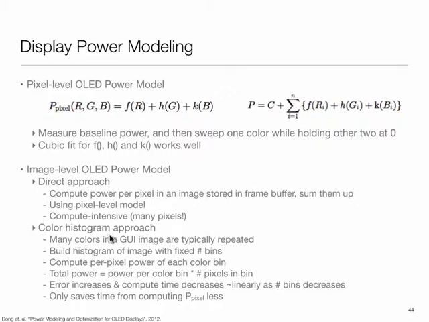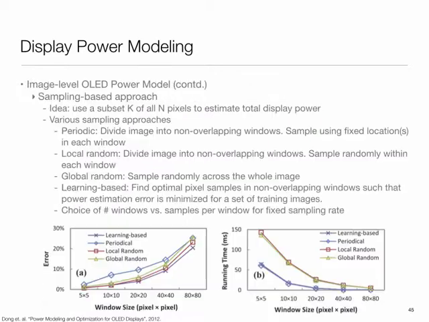So for example, you can do a histogram. You can develop a color histogram of the images and then compute the total power by essentially looking at how many pixels are in each bin. So that's one approach. Another way of reducing this is by sampling. So instead of adding power over every pixel in the image, you do a random sampling. You select some fraction of the pixels distributed randomly over the image, look at their RGB value and estimate on that basis.